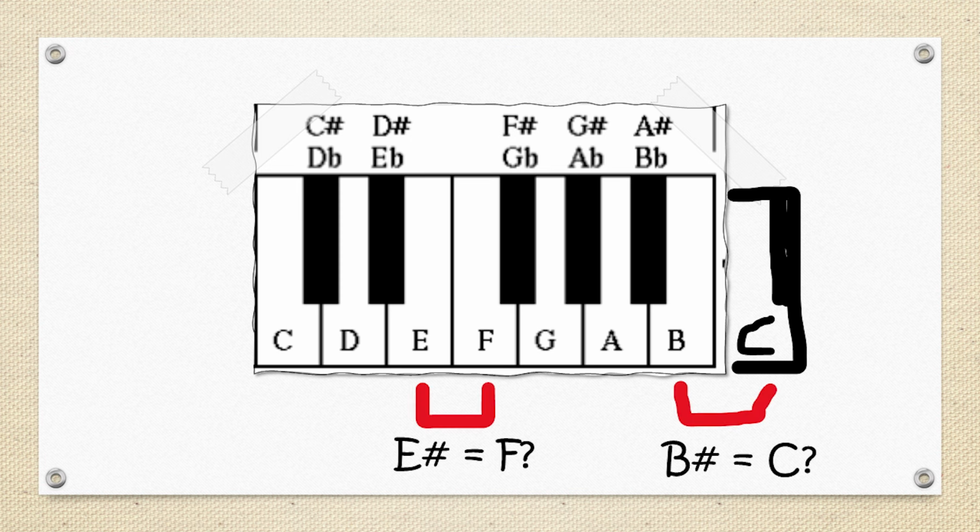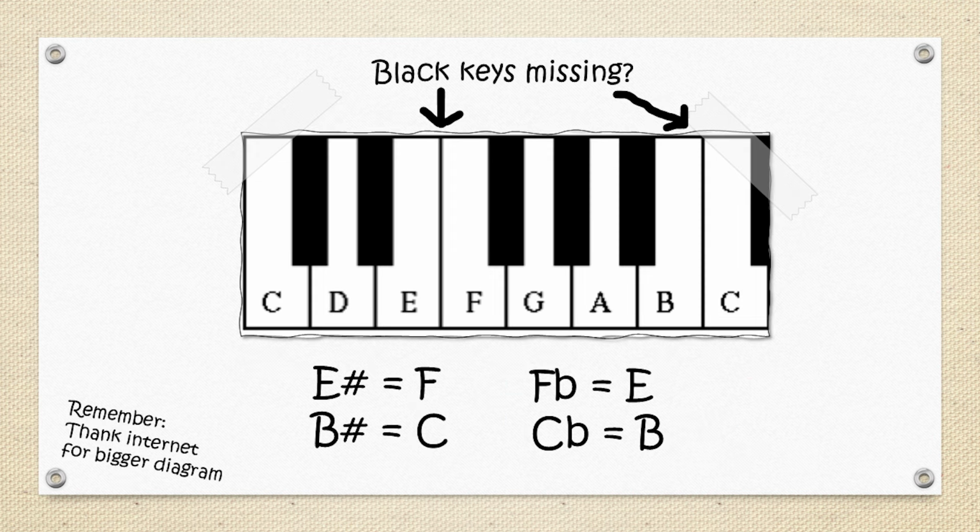These two notes, if sharpened, end up the same sounding pitch as the next letter up. E sharp sounds like an F and B sharp sounds like a C. Equally, C flat sounds like a B and F flat sounds like an E. On a piano keyboard, these two sharps and flats are the only ones not to be represented by a black key. Which brings us on to scales.